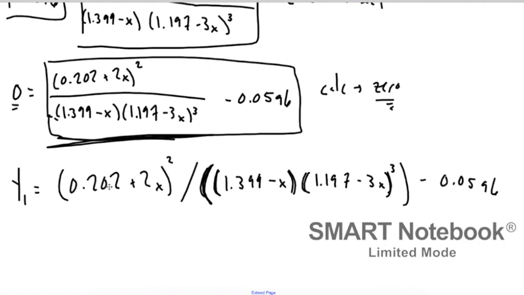So I'm going to go to calc 0. I've got to scoot the little cursor to the left of the 0, to the right of the 0. And when we do that, we get that our x value is equal to 0.0505. So there's your x.